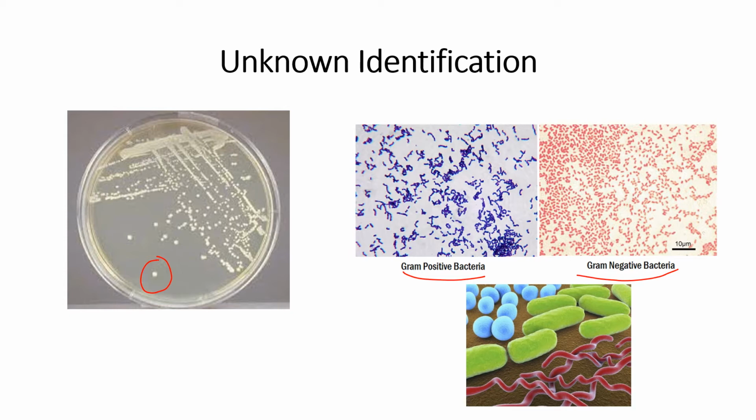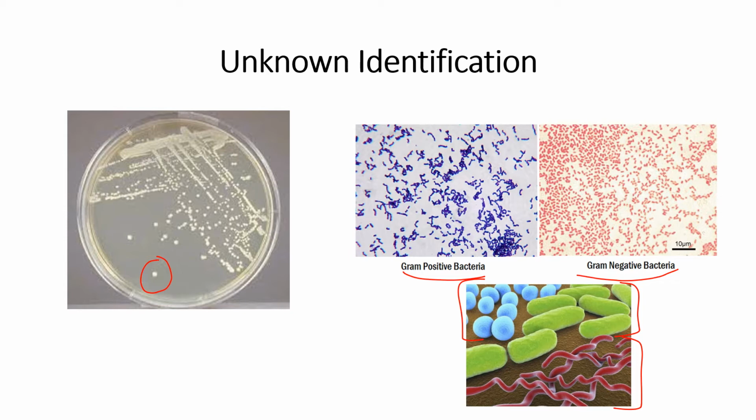For the vast majority of bacterial cells, there are three basic shapes: cocci, bacilli, and spiral. So doing these two tests, a streak plate and a gram stain, is very important because it's going to help you narrow down your options.